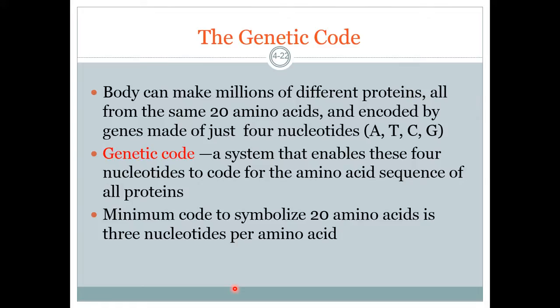Alright, so let's look at genetic code. The genetic code is a system that enables 4 nucleotides to code for the amino acid sequences of all proteins. The minimum code to symbolize 20 amino acids is 3 nucleotides per amino acid. Each group of 3 nucleotides coding for an amino acid is called a base triplet.